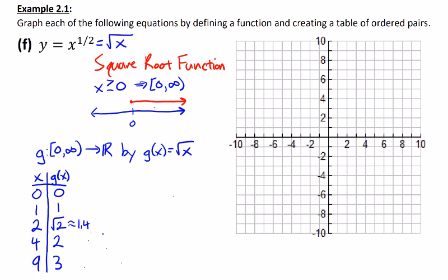And let's plot 0, 0, 1, 1, 2, about 1.4, 4, 2, and then 9 maps to 3. So I'll connect the dots, and it's not going to be a straight line, it's going to be a curve.